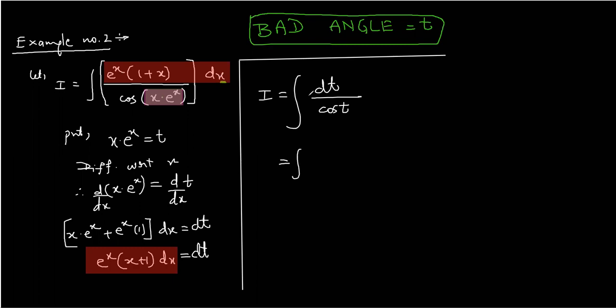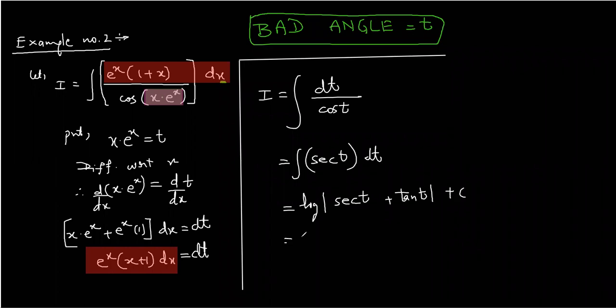So the next step, it is 1 upon cos t dt, so it is sec t dt. What is the integration of sec x dx? Integration of sec x dx is log of sec x plus tan x plus c. So the integral of sec t dt will be log of sec t plus tan t plus c.